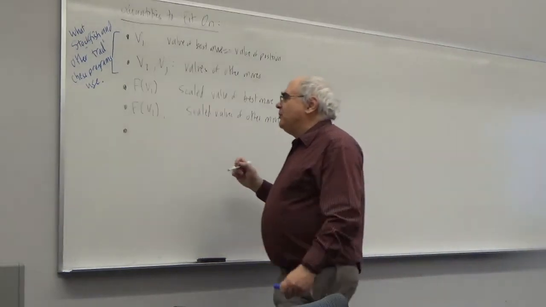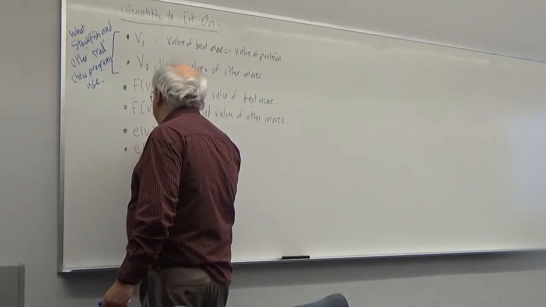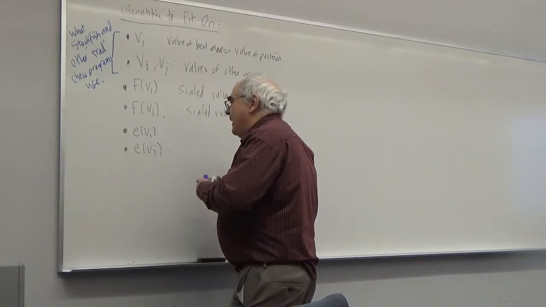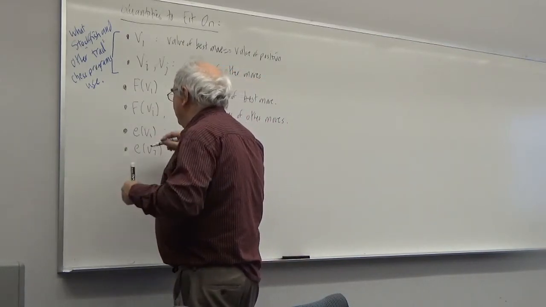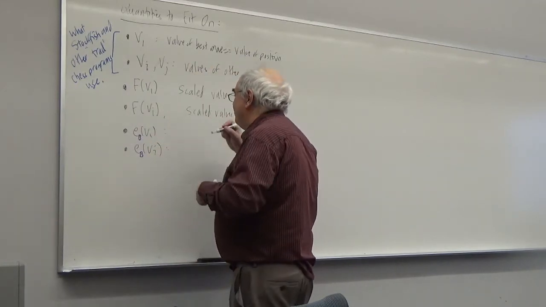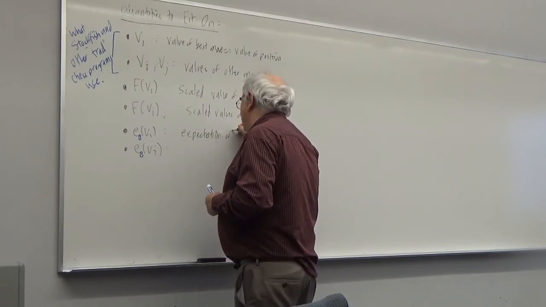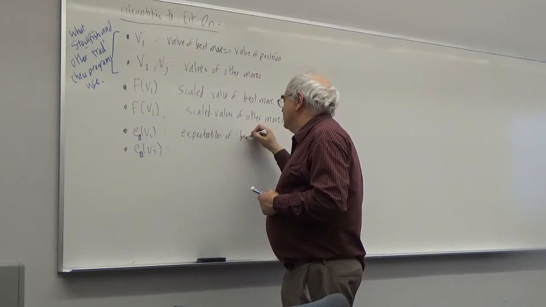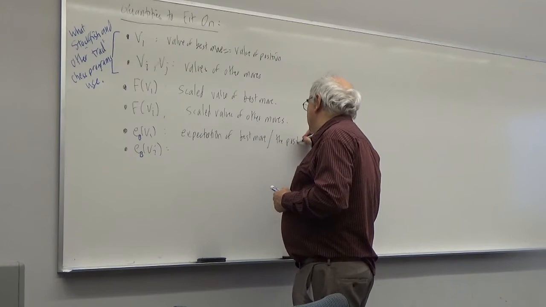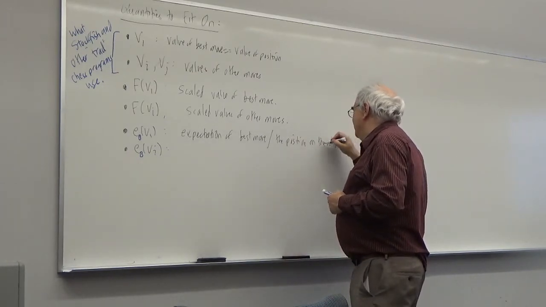Now, the other thing that's involved is E of V1 and E of Vi. This is the expectation value. So the expectation of the best move. In other words, the position on the whole. Okay.